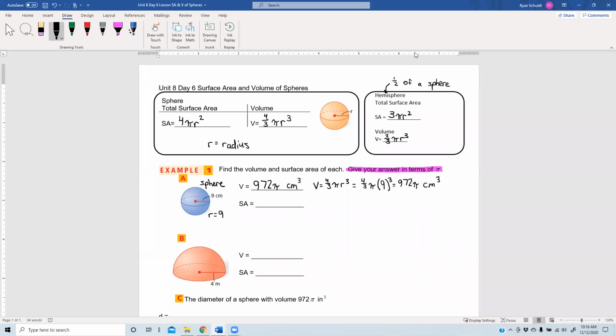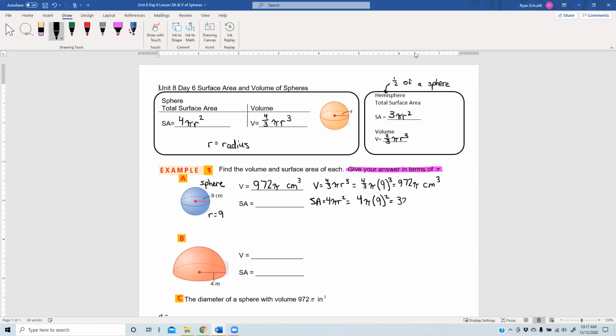Then we move on to total surface area. That's going to be 4 pi r squared. So 4 pi times 9 squared. Put everything but the pi in your calculator.